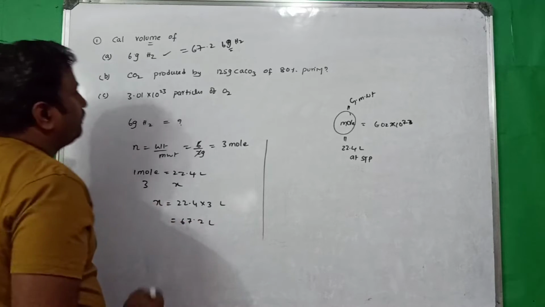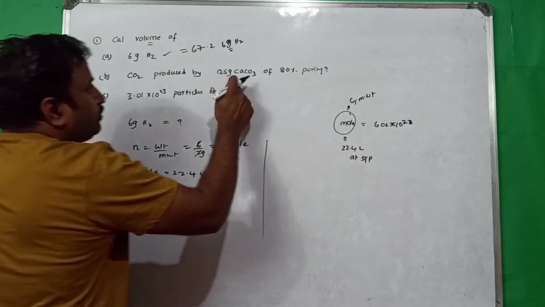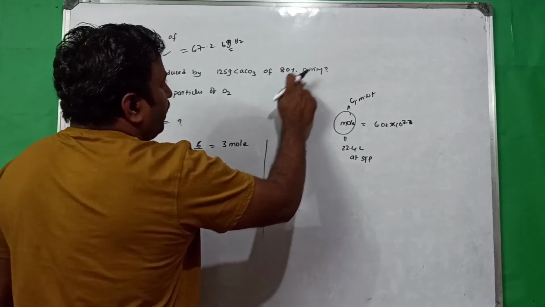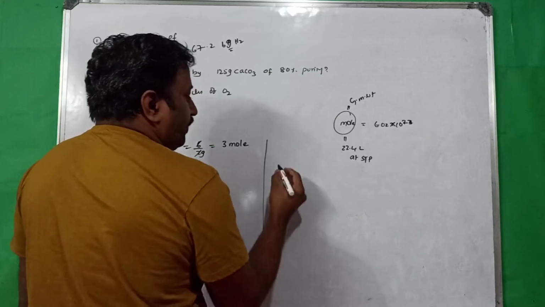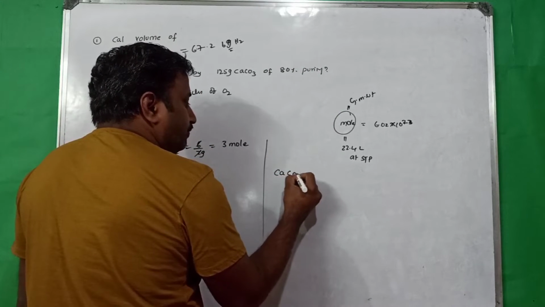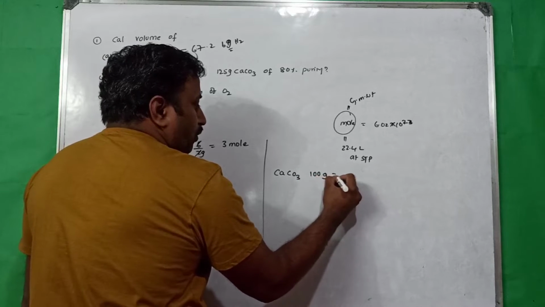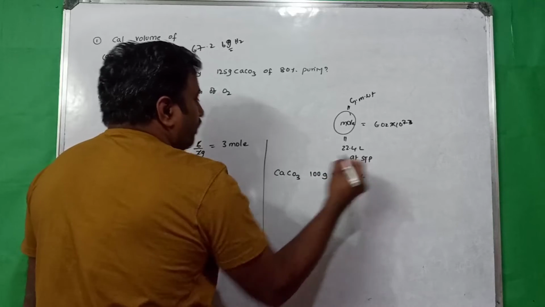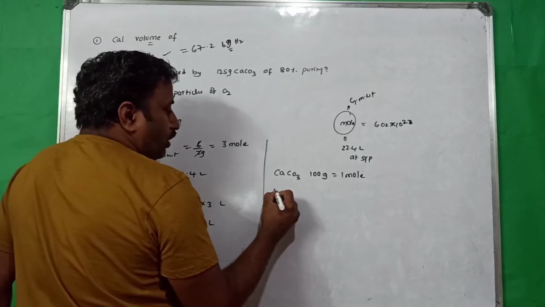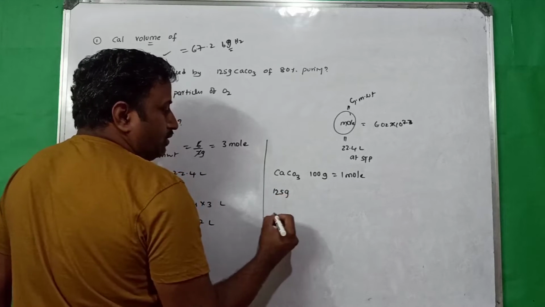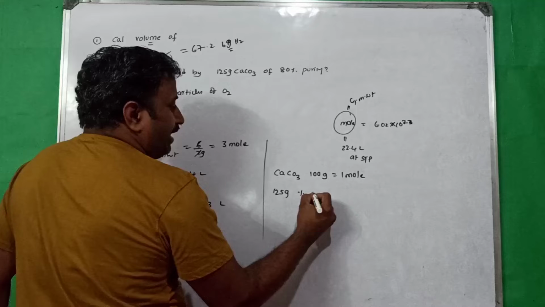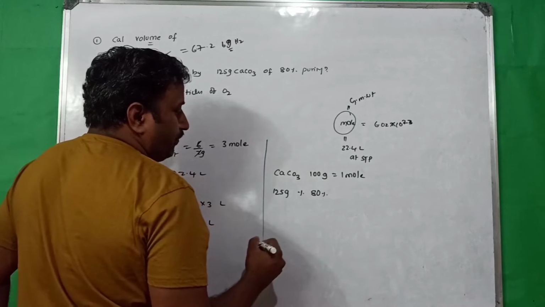Question number 2: CO2 produced by 125 grams of calcium carbonate of 80% purity. First, calcium carbonate: 100 grams is equal to 1 mole, but here it is given 125 grams, and the percentage of purity is 80%.